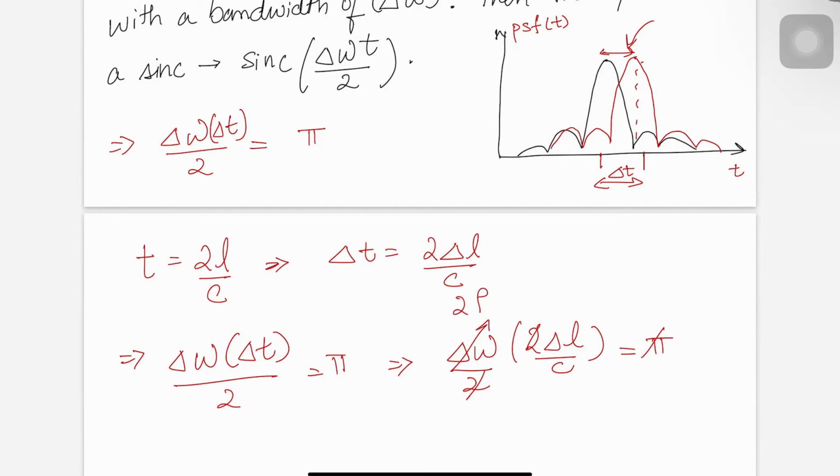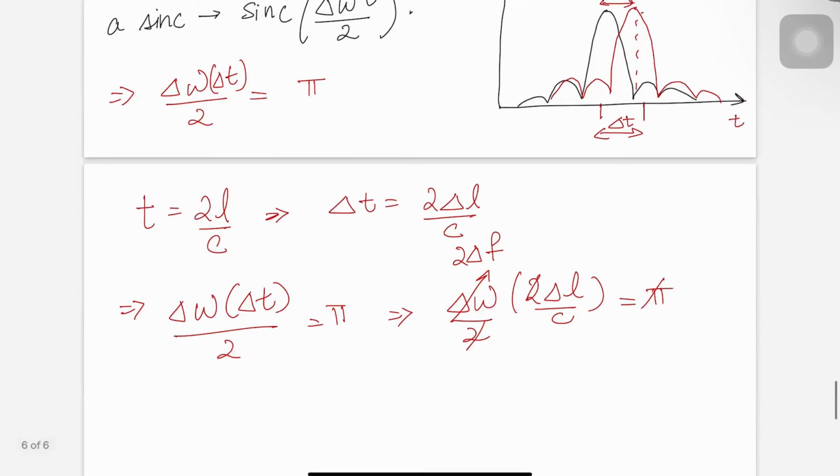This becomes 2Δf. After some simple algebra, you can show that the range resolution, which is the spacing between two targets in range, is c over 2Δf, which is c over 2 times the bandwidth.